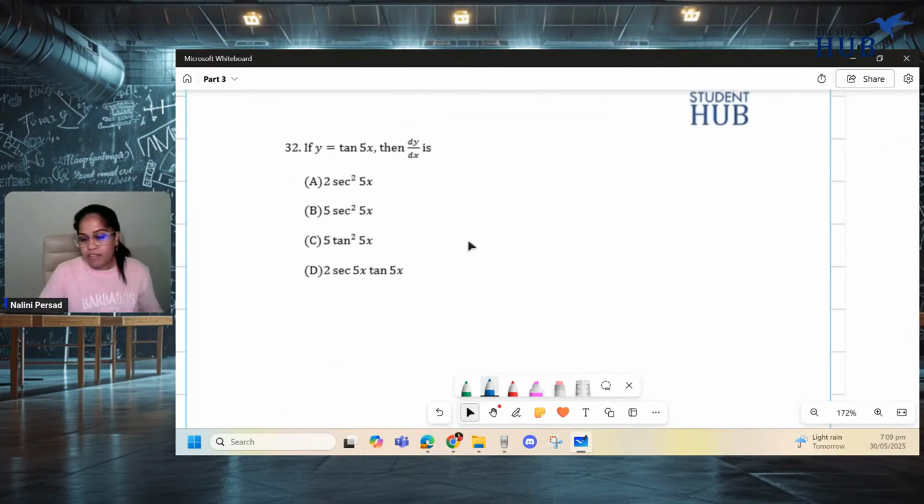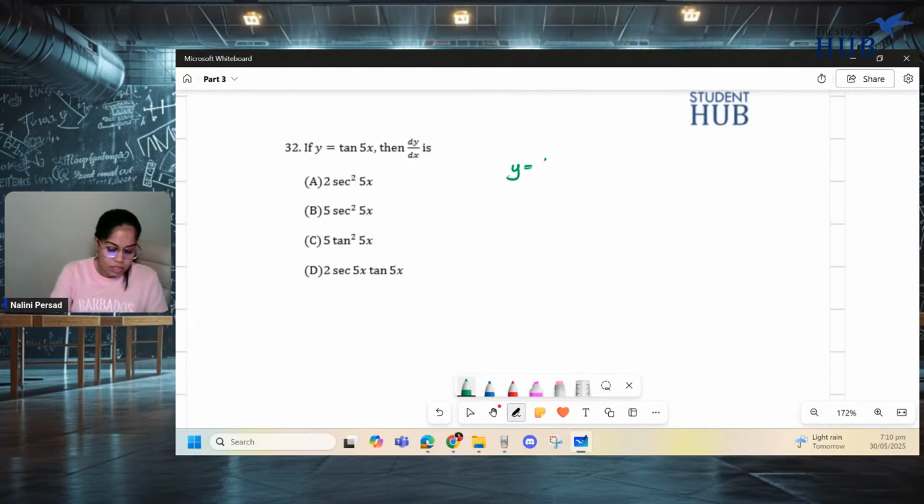Question 32. If tan, what do I get? Now this is in the form tan of ax plus b. So when I differentiate tan, you're going to get sec squared.